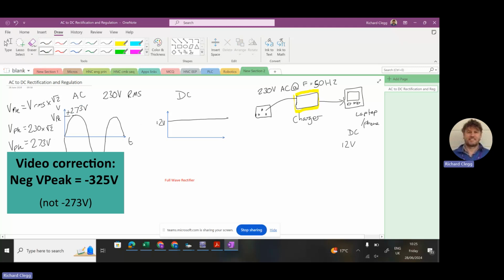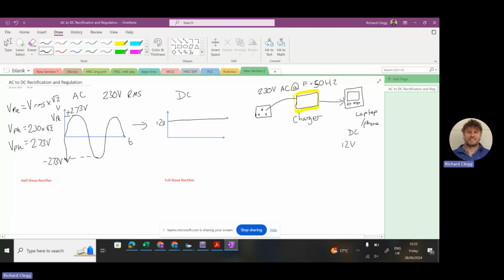So we basically need to get from that to a nice flat waveform for DC.